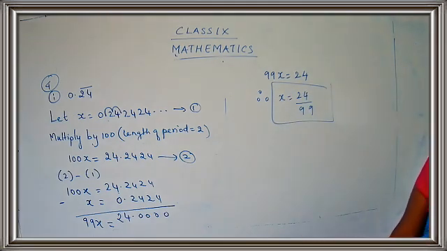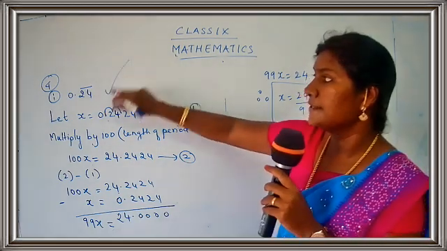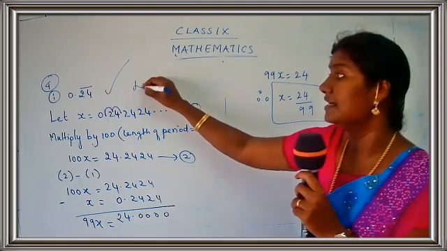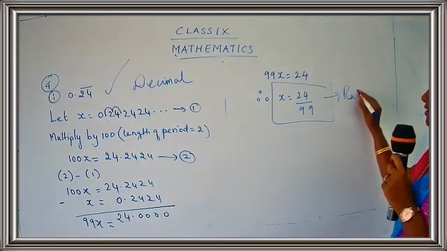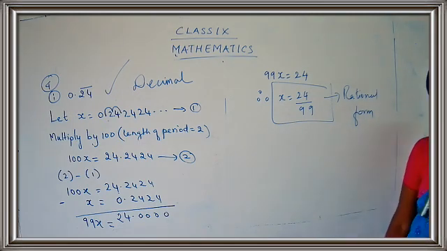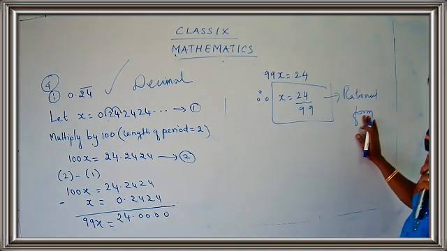I got the value for x. What is the value for x, children? 24 upon 99. So this was in the form of decimal expansion. So I have changed the decimal into rational form. Getting the point? So we have changed the decimal into a fraction. Are you clear with the sum?